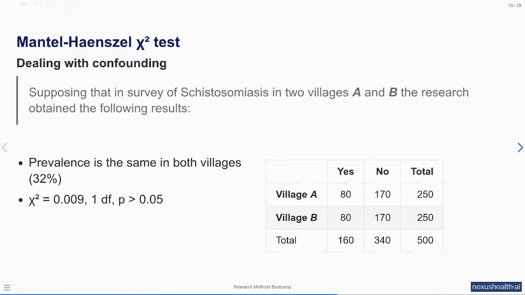The uncorrected chi-square test gives us a value of 0.009 with a p-value greater than 0.05. So at face value, we are unable to reject the null hypothesis. Both villages seem to have the same prevalence of 32%.